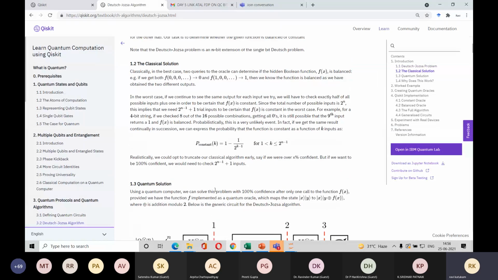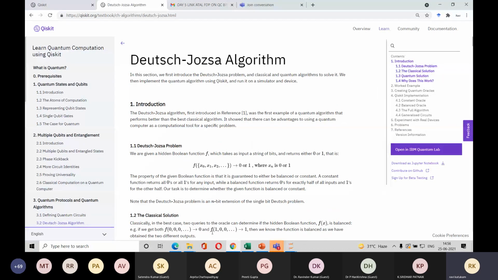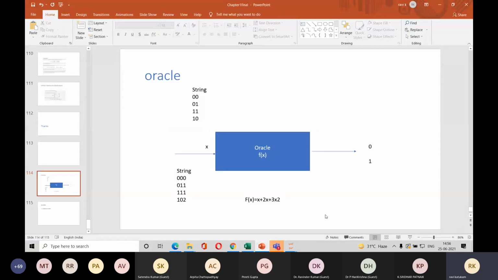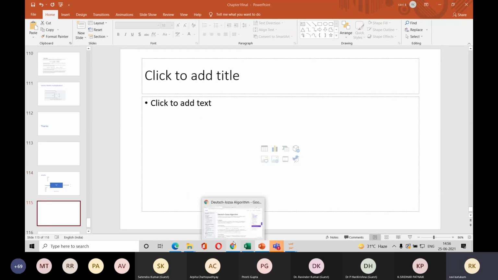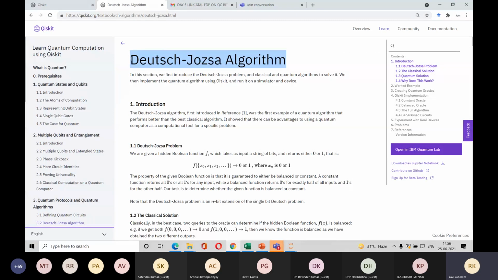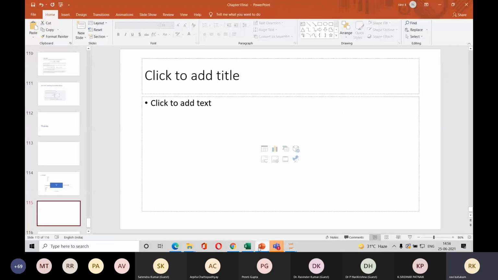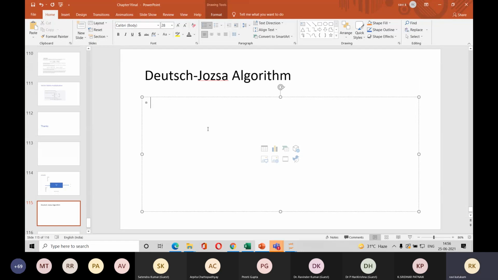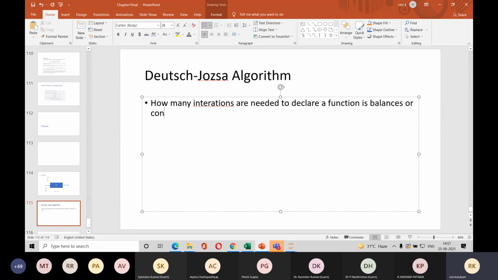So what is this problem? This problem tells how many iterations are needed to tell whether this function is balanced or constant. Let me put it in words. What is this Deutsch-Jozsa problem? How many iterations are needed to declare a function is balanced or constant?